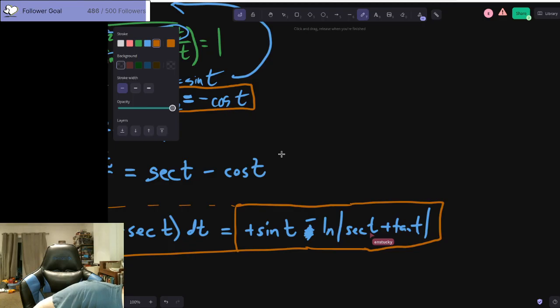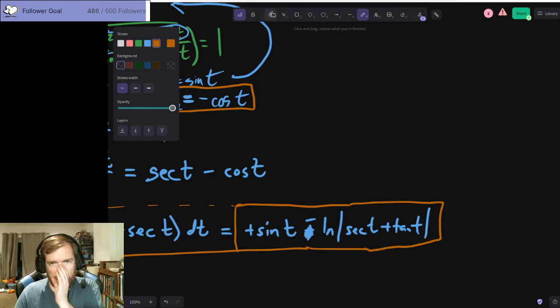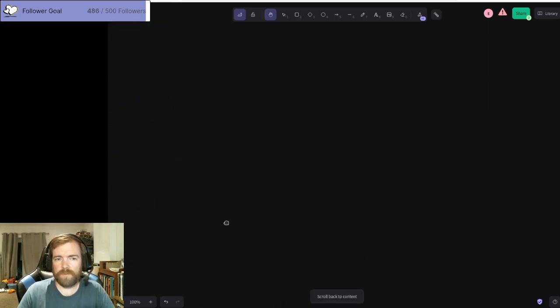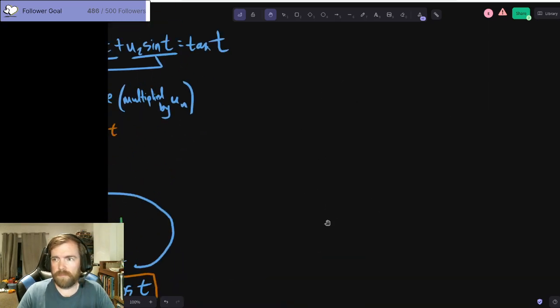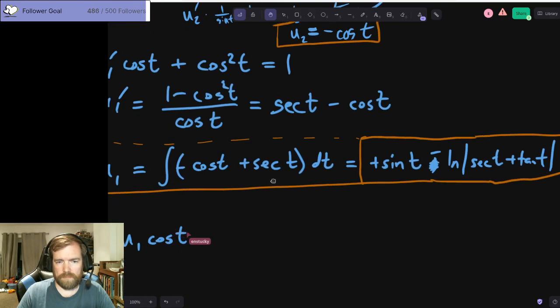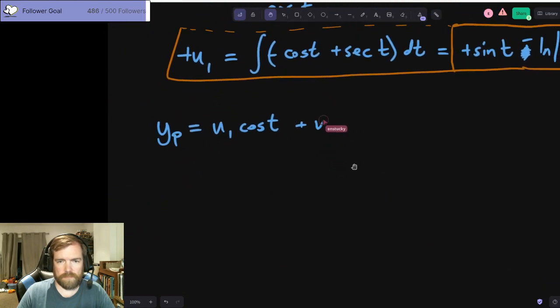Okay. So yp is equal to u1... no. Yeah, u1 gets multiplied by cosine. u2 gets multiplied by sine. Can confirm.